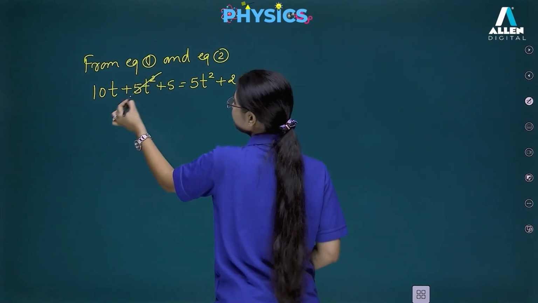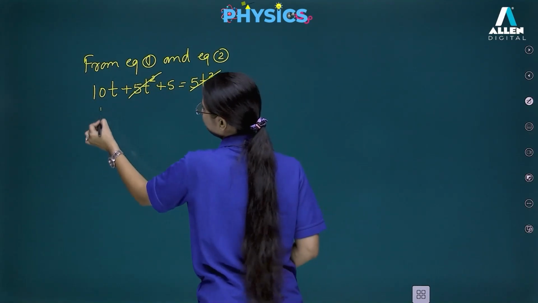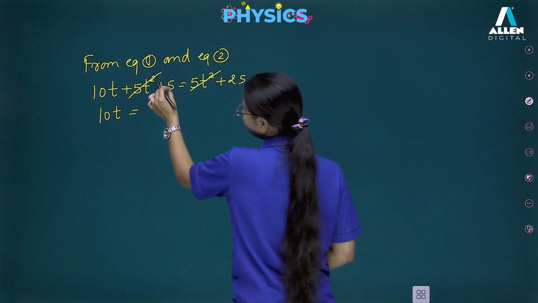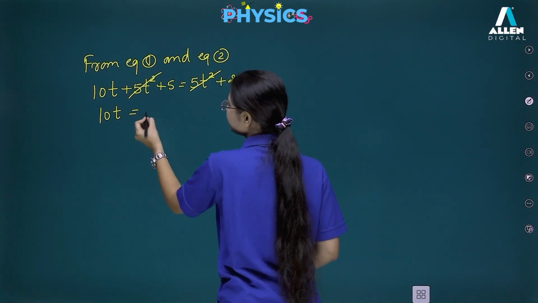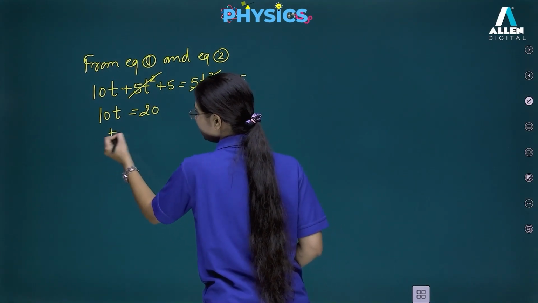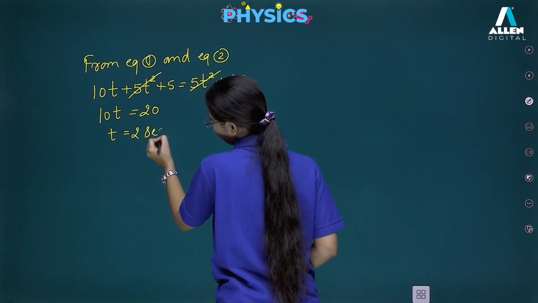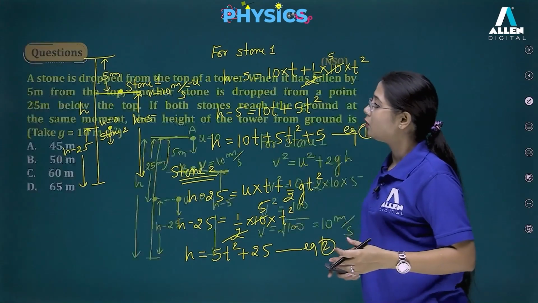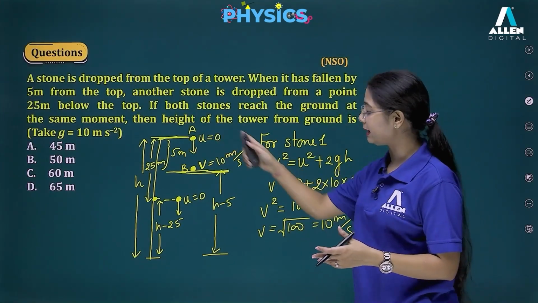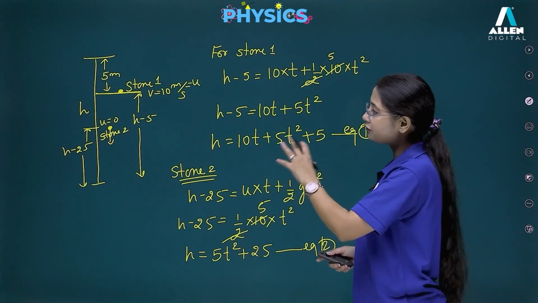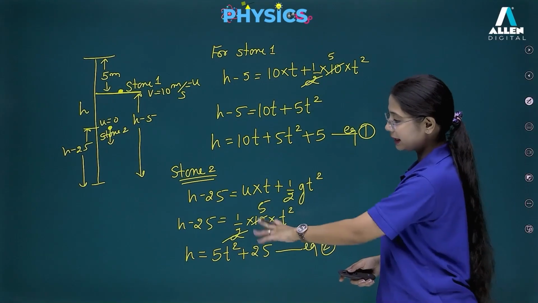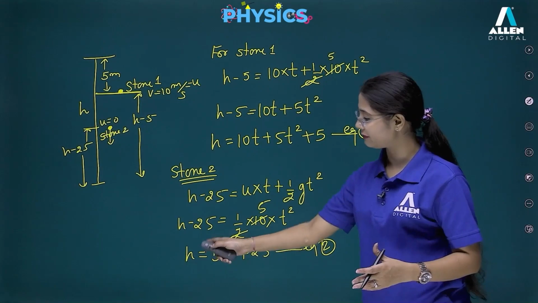Now here 5t square to 5t square will cut. 10t will be this, plus 5 will go here, 25 minus 5, it's 20. So t will be 2 seconds. But what we have to find? We have to find height. So we can put the value of time in equation 2, and we will find height.